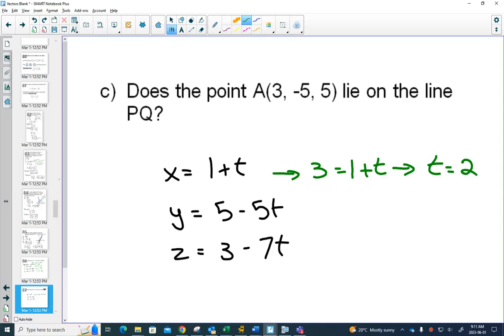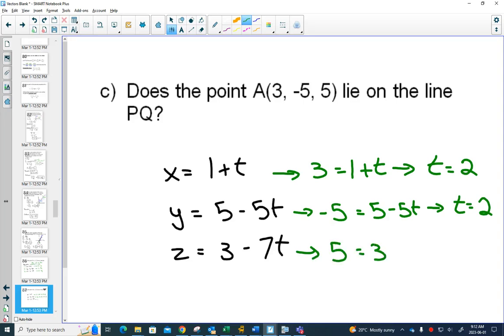And if you plug in -5 for y, -5 equals 5 minus 5t. T is equal to 2. And finally, you plug in 5 for z, 3 minus 7t. Move the 3 over, and you get t is equal to -2/7.